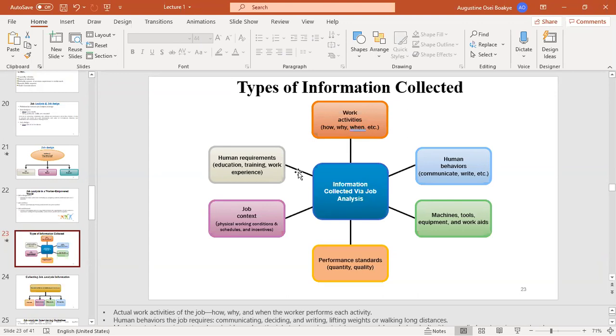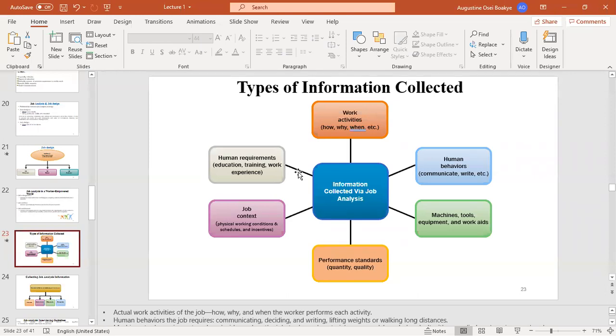Then performance standards. When we talk about performance standards, they are basically the benchmarks or the performance index along which one can be said to have done his job well or not. In other words, on what basis will you say someone was successful in performing his task and another person was not successful?